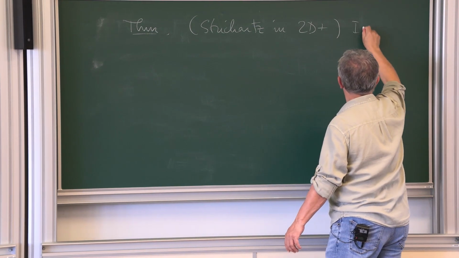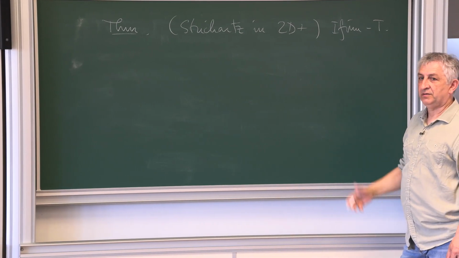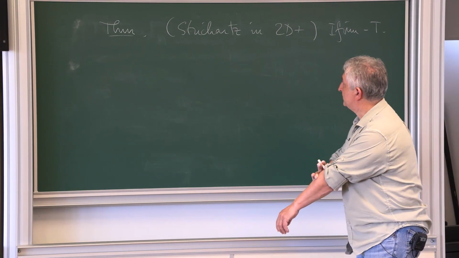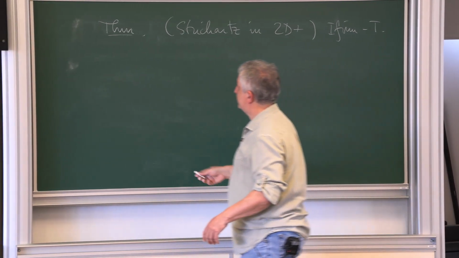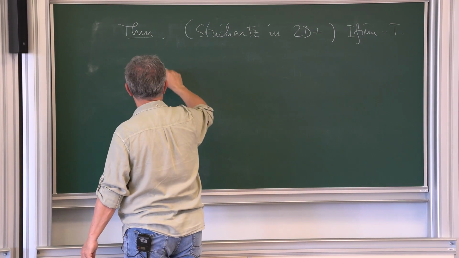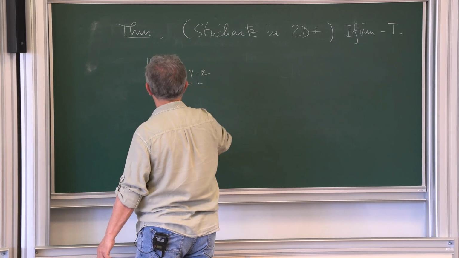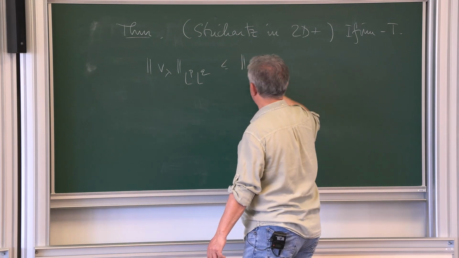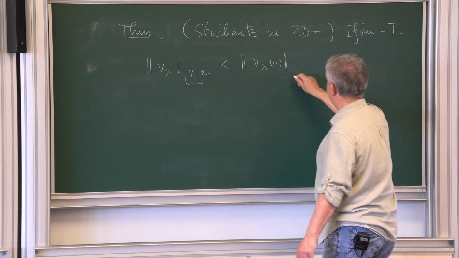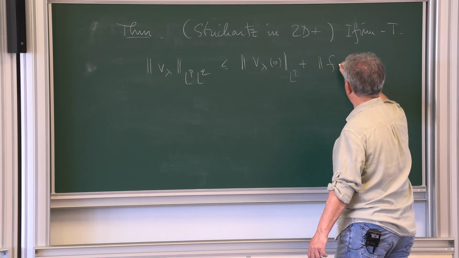So this is with Mihaela, and is part of our paper on the quasi-linear Schrödinger equations in 2 dimensions and higher. This says that if I'm trying to look at that paradifferential equation, and I try to estimate the norm of, let's say, V lambda in LP LQ, I can estimate this in terms of the norm of V lambda of 0 in L2 plus the norm of F lambda.